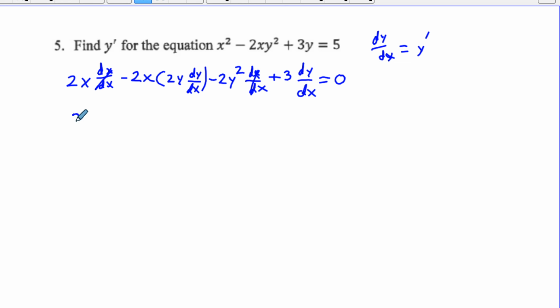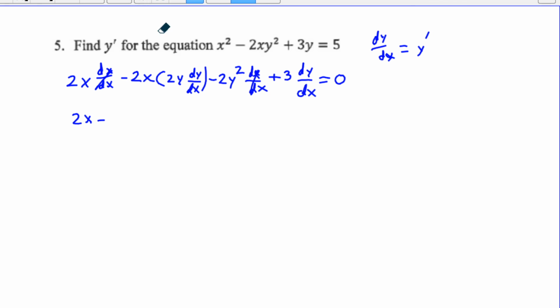So we have 2x, and then we have minus 2, we have y prime, well, actually we're going to have 2 times 2, so that's going to be 4.